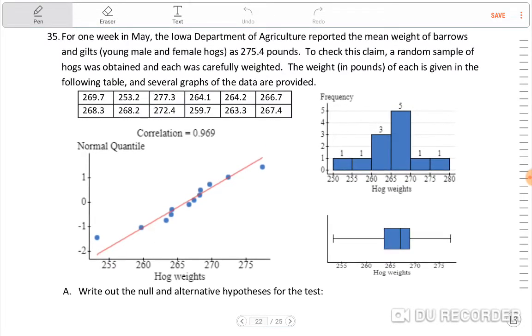So what are we wanting to do here? The claim is to check this claim. What is our claim?